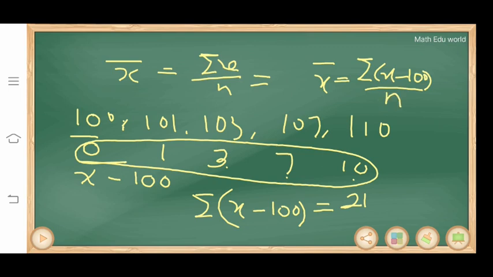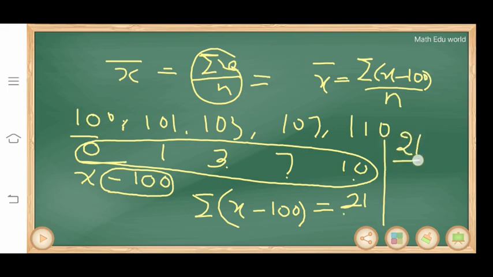Our usual formula is sigma x by n, but as we subtracted a number, our formula becomes sigma x minus 100 by n. That is 21 divided by n. N is the number 1, 2, 3, 4, 5, which is 4.2.